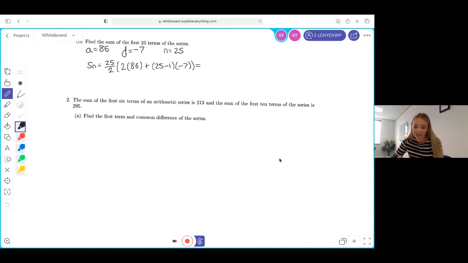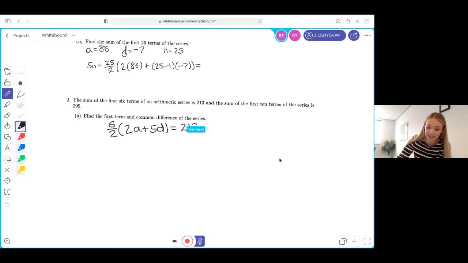So if we use the same formula for the sum of the first 6 terms, that was my n over 2 times 2a plus n minus 1 d. So when n is 6, it'll be 5d. The sum of the first 6 terms was 213. So that's our first equation.